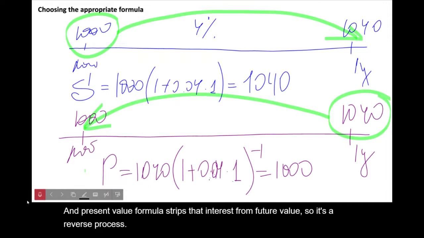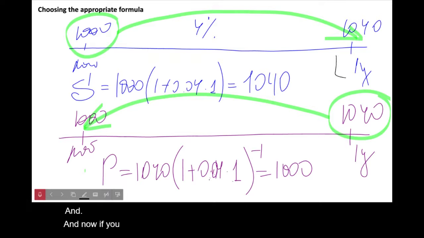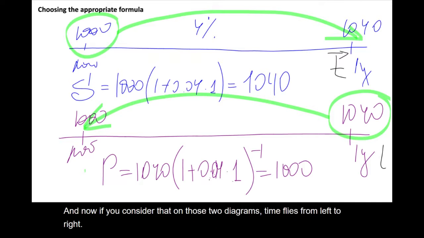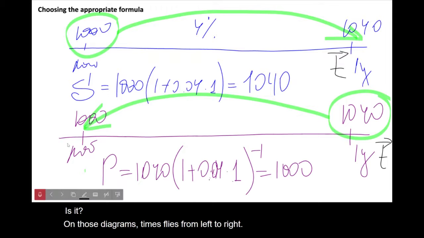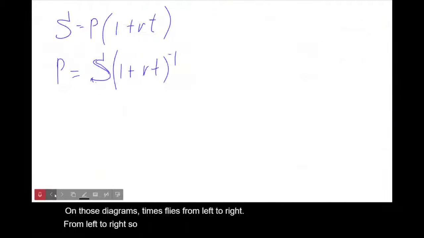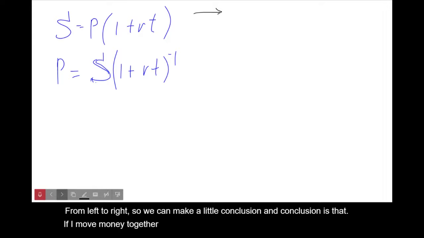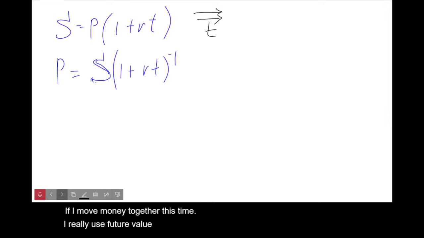Okay, makes sense. And now if you consider that on those two diagrams, time flies from left to right, we can make a little conclusion, and the conclusion is that if I move money together with time, I will use the future value formula.